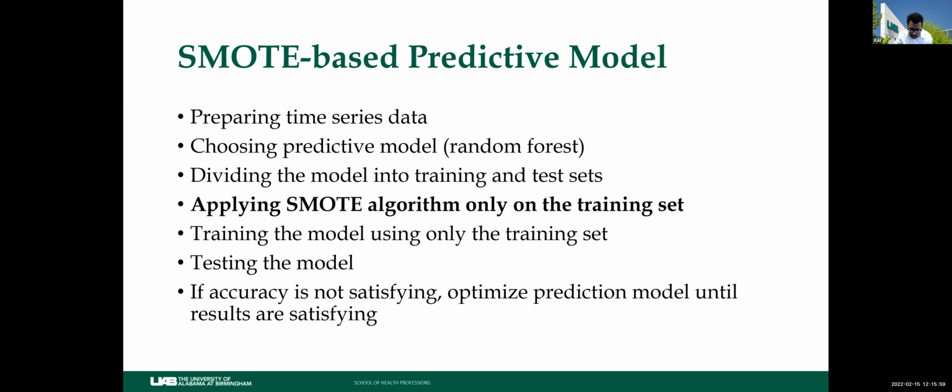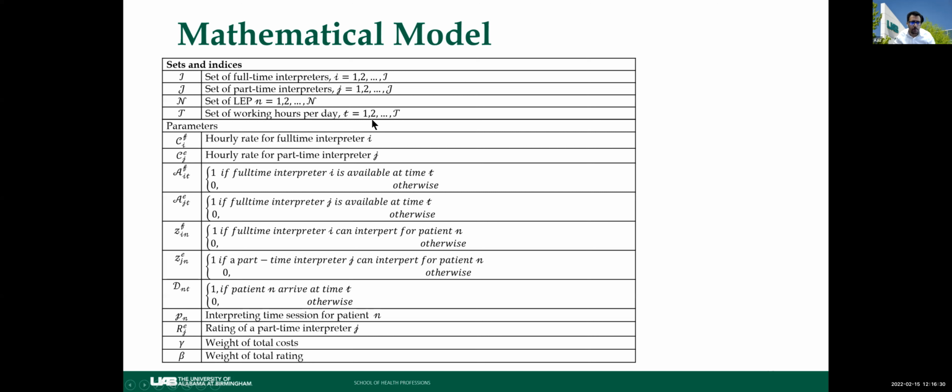You can see here, these are the sets that we have. We have full-time interpreters, part-time interpreters, and patients, and we need to schedule them across the day, which is the timestamp. Then we have different input parameters: the hourly rate for full-time, the hourly rate for part-time, the availability of interpreters, and the language match.